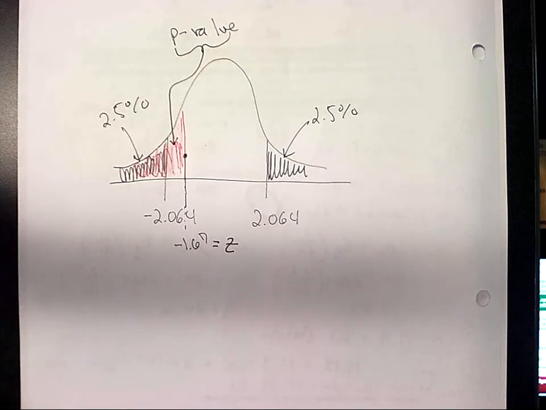If you wanted to figure out how big red was, what would you do? You would go to the table and look at negative 1.6 and go over to 7, and you'd get 0.04 something. So to figure out the size of red, we take negative 1.67 and go to our z-table. Everybody good with that?